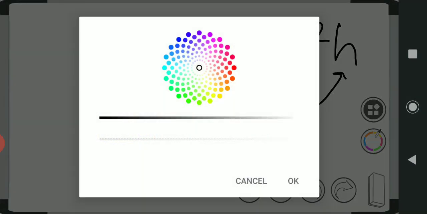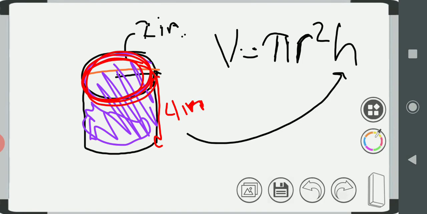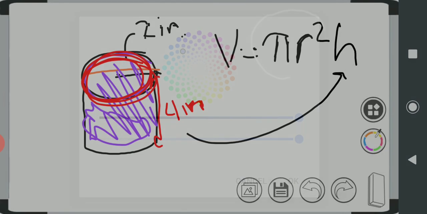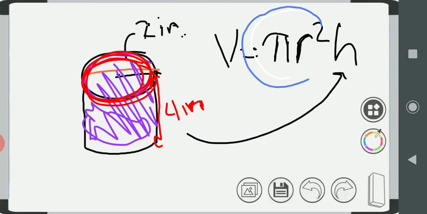If you remember before, pi r squared was our formula for area. So we're finding the area and multiplying it by this depth or height.